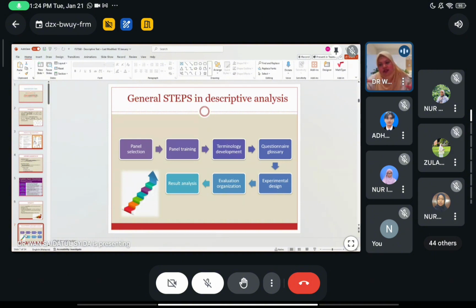So these are general steps, and they should be in your head. Dia tak boleh keluar, because all descriptive analysis will cover all these steps. So you should know all these steps.